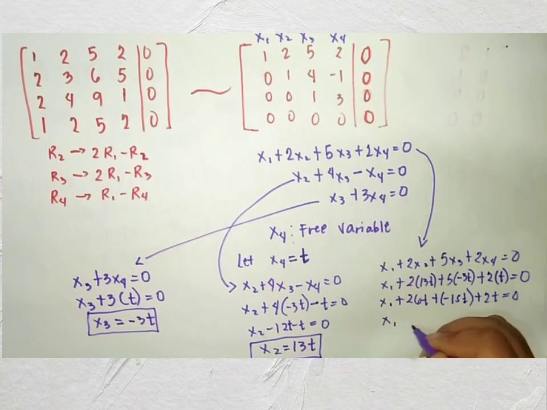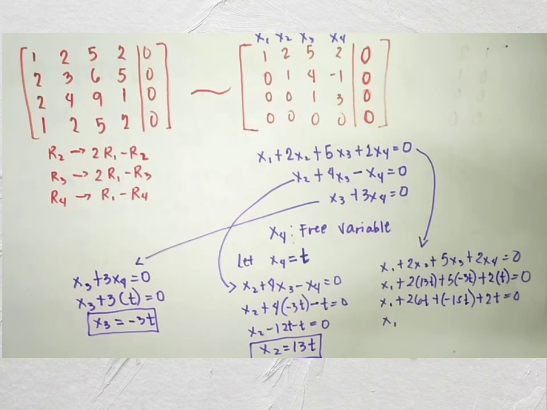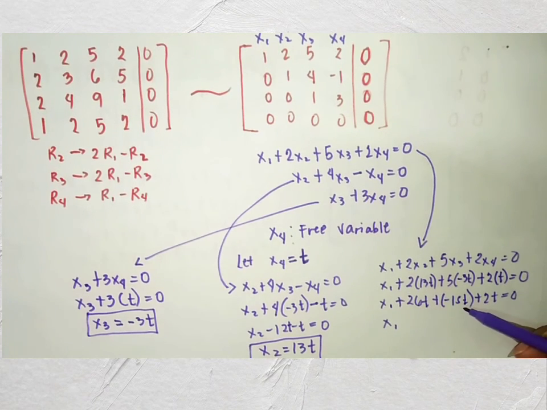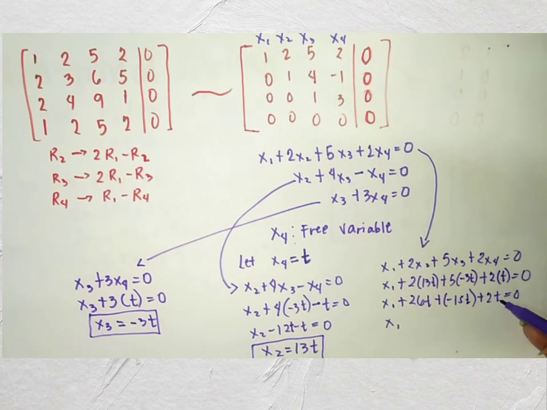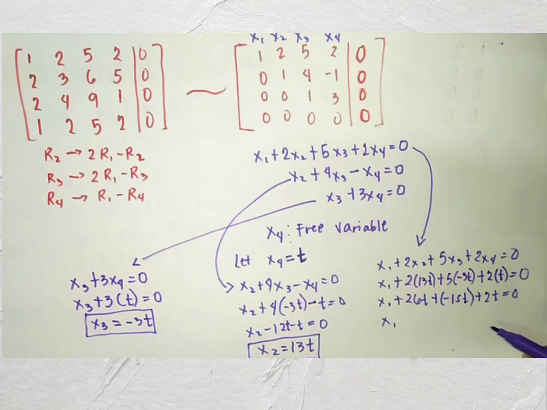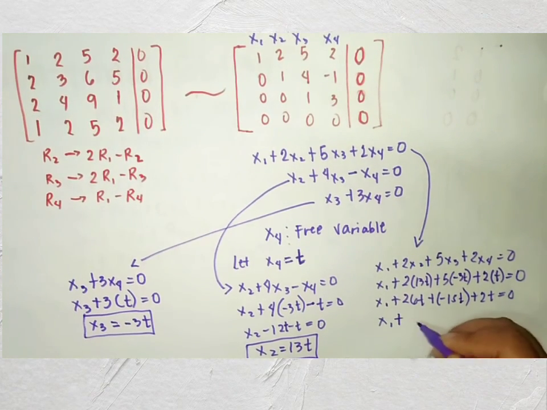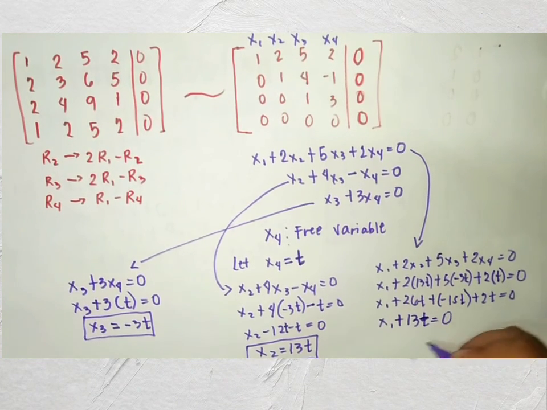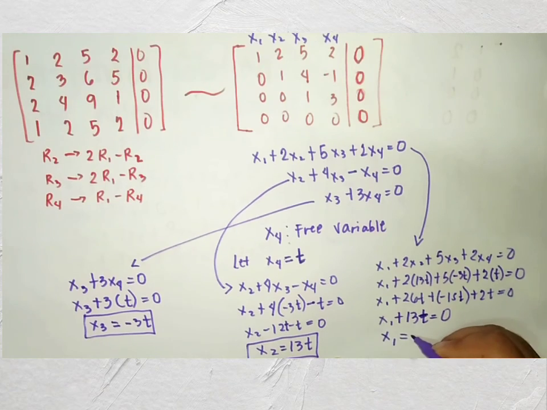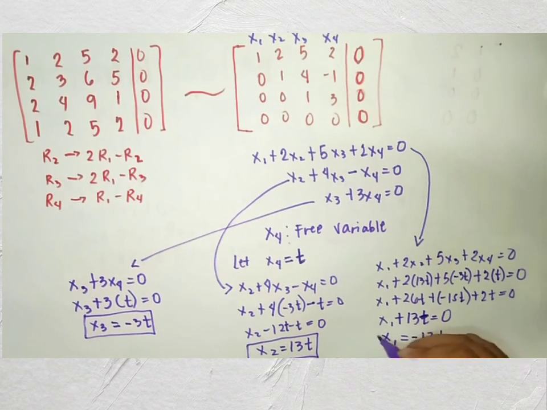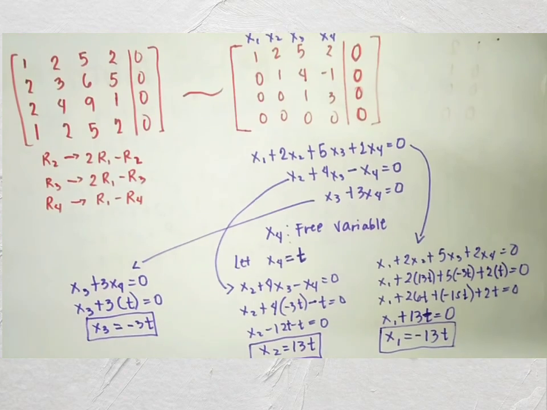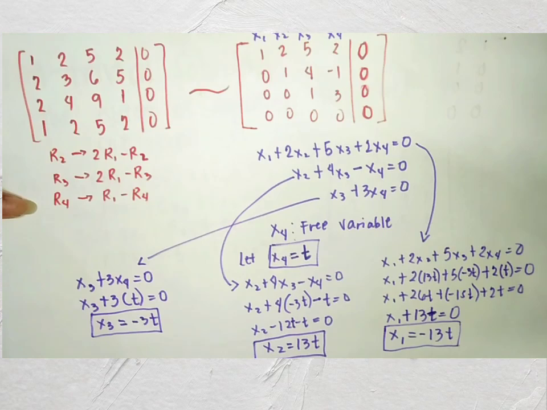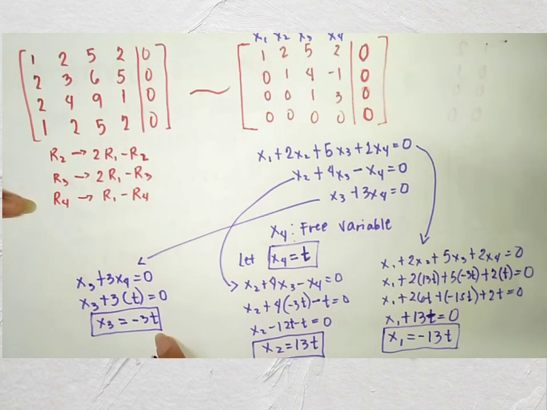So, x sub 1, 26t plus negative 15t is positive 11t plus 2t is equals to positive 13t is equals to 0. So, our x sub 1 is equals to negative 13t. So, may value na tayo ng x sub 1, x sub 2, x sub 3, and x sub 4.